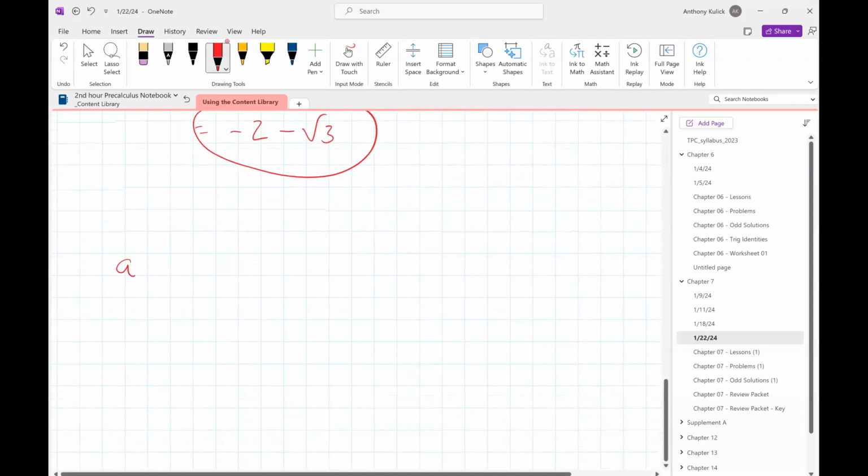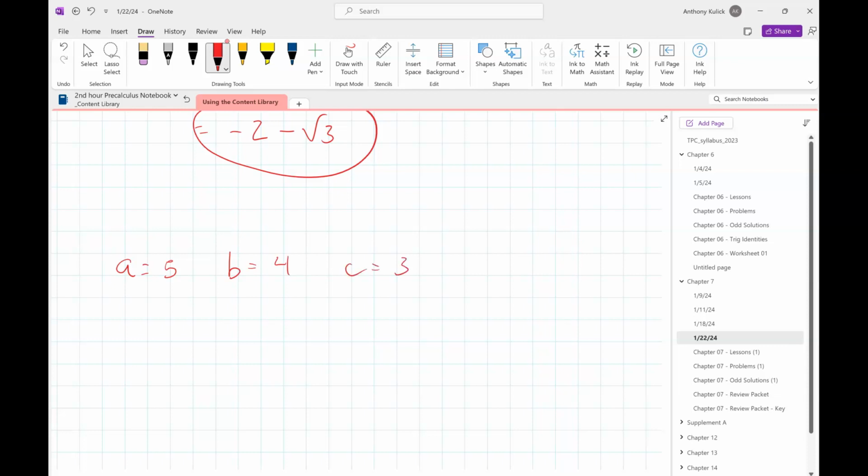So let's just say side A is 5, side B is 4, and side C is 3. What situation are we in? Side, side, side. And for side, side, side, we use the law of cosines.